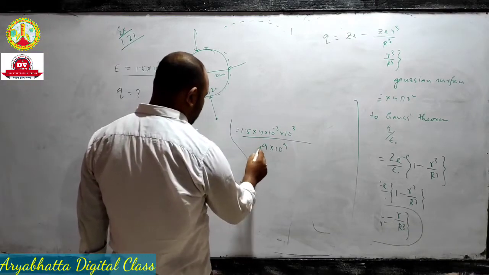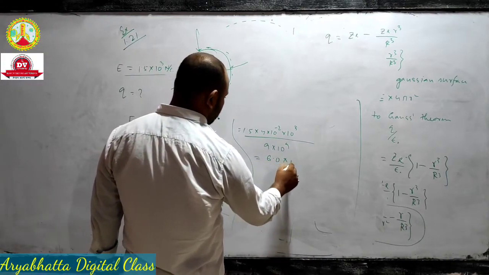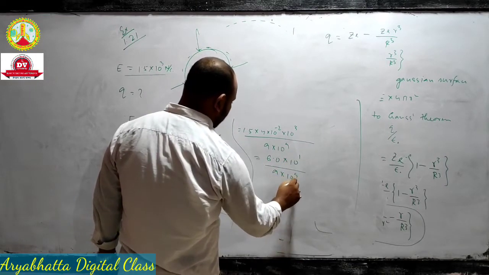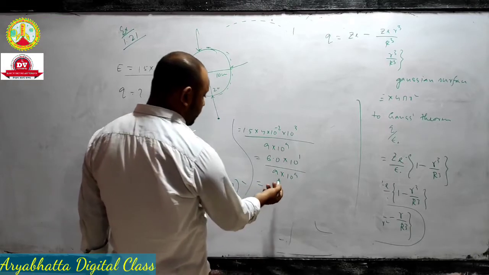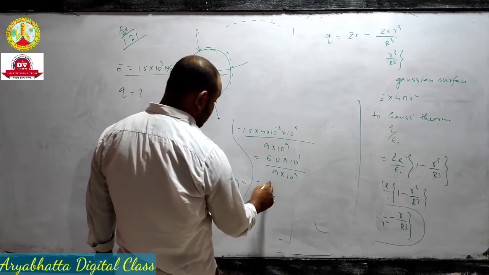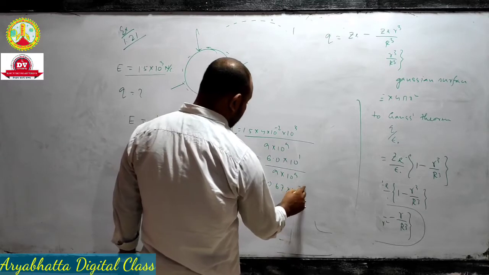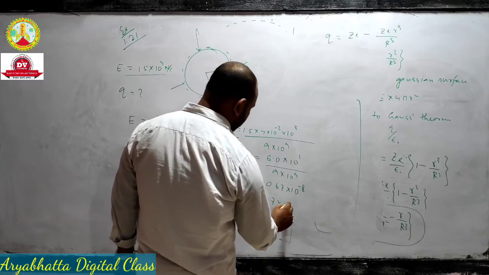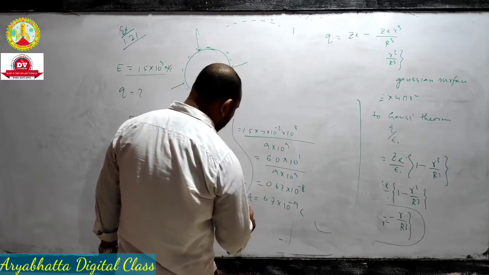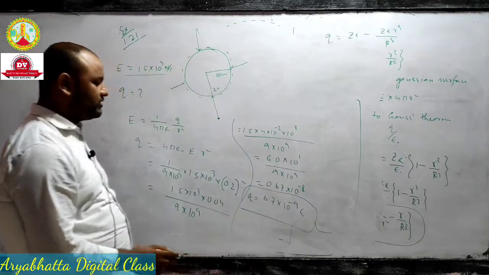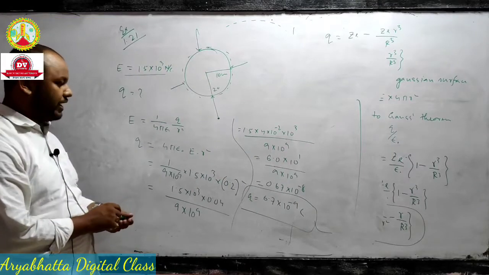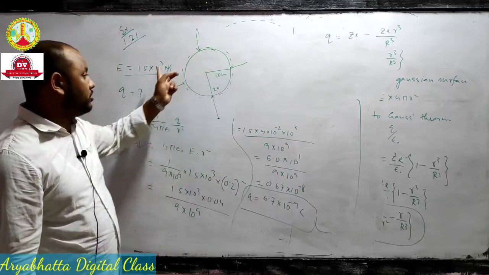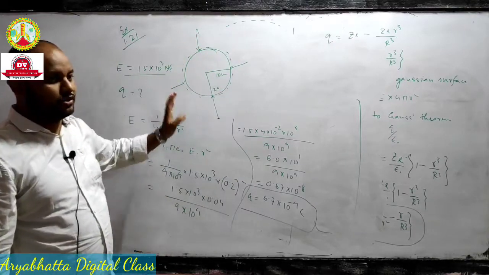So it will be 6.0 into 10 to the power 1 divided by 9 into 10 to the power 9, and when you divide it, 6.7 into 10 to the power minus 9 coulomb. So how much charge is there? It is 6.7 into 10 to the power minus 9 coulomb. This much of negative charge is distributed over the sphere. So this is the answer.